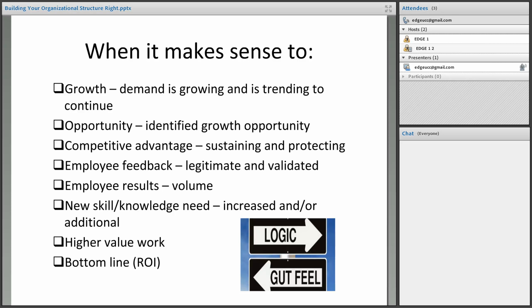Employee feedback. Employee feedback is when it makes sense to, when you are hearing from your employees that we've got too much work to do and we're not getting time to get things done.